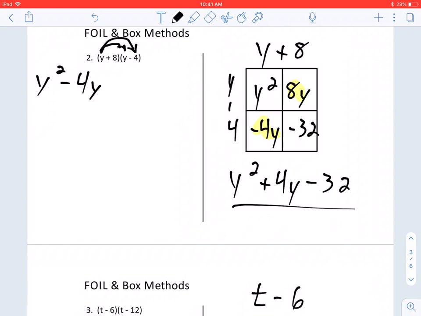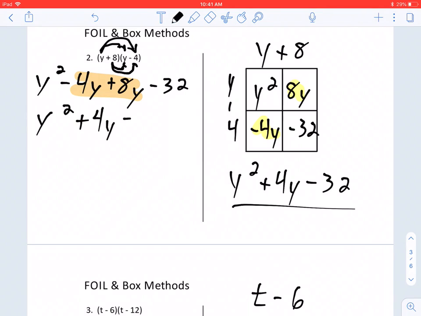Now following that, this 8, inner, 8 times y is 8y, and then last terms, 8 times negative 4 is negative 32. Once we FOIL them out, you can see these two center terms need to be combined. So we end up with y squared plus 4y minus 32. There's our final answer, and it matches perfectly with what we got on the box method.